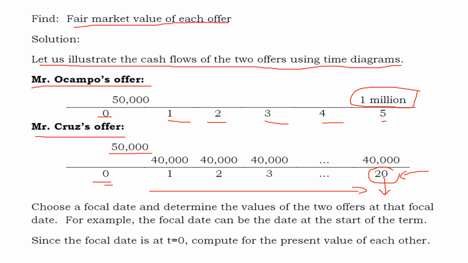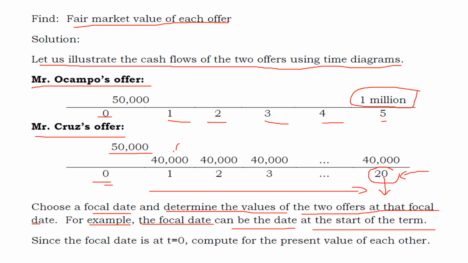So in each quarter, he will offer you 40,000 pesos up to the last quarter. So here, choose a focal date and determine the values of the two offers at that focal date. For example, the focal date can be the date at the start of the term.